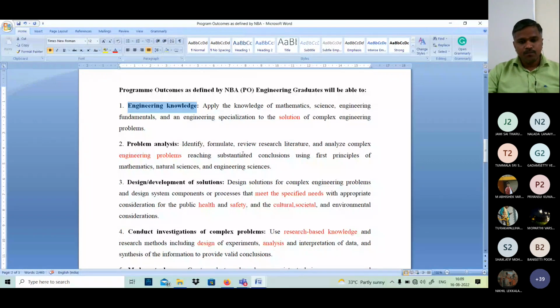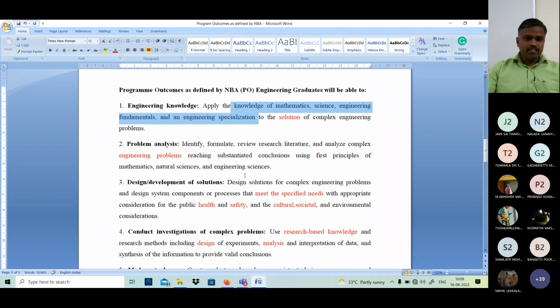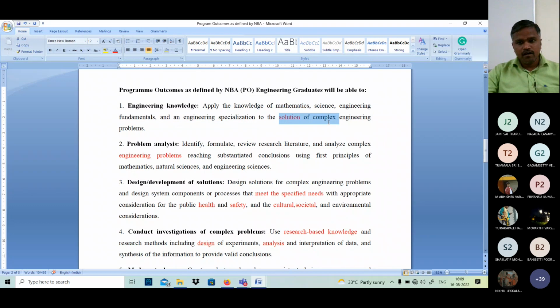So that knowledge, computer science knowledge: apply the knowledge of mathematics, science, engineering fundamentals and engineering specialization. Specialization here is computer science and engineering. So you will apply the engineering specialization knowledge to the solution of complex engineering problems.